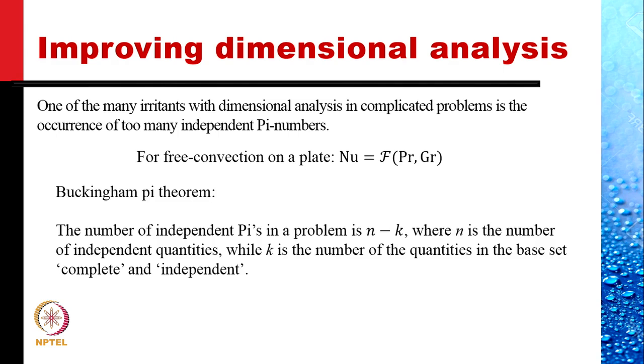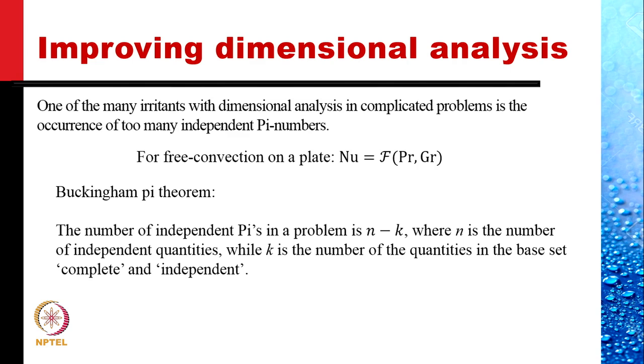Recall Buckingham pi theorem. The number of independent pi's in the problem is n minus k, where n is the number of independent quantities, while k is the number of quantities in the base set, the complete and independent. We had seen in the last lecture how the number n could be reduced by using physical information.